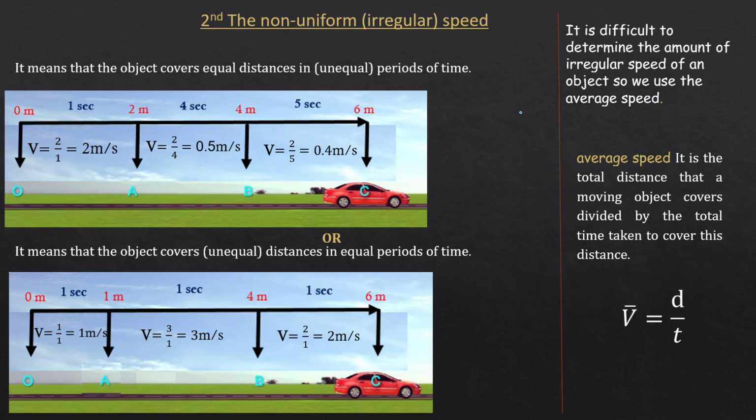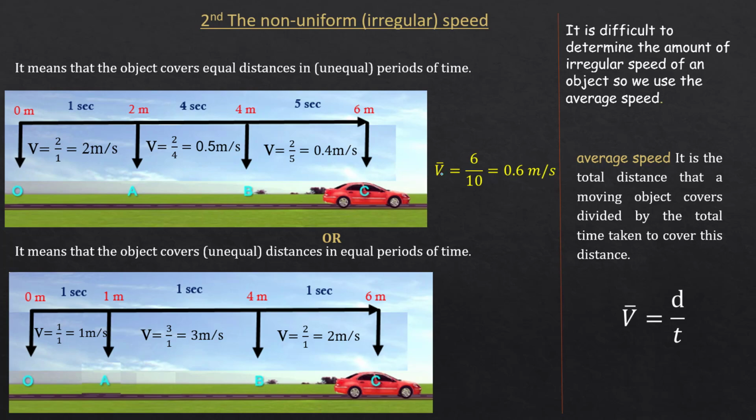So let's calculate the average speed in the first example. The total distance here is 6 meters, and the total time is 1 plus 4 plus 5, it will be 10 seconds. So the average speed will be 0.6 meter per second.